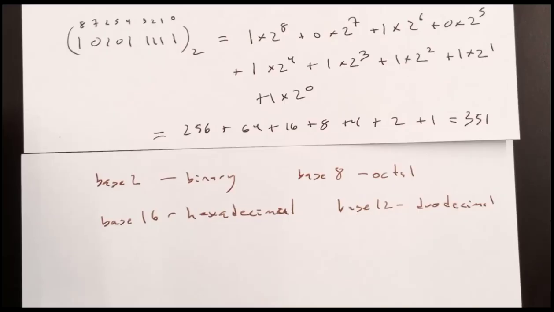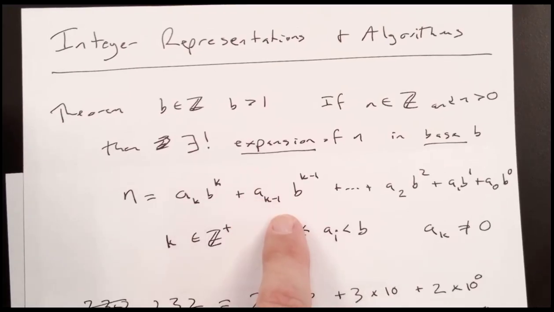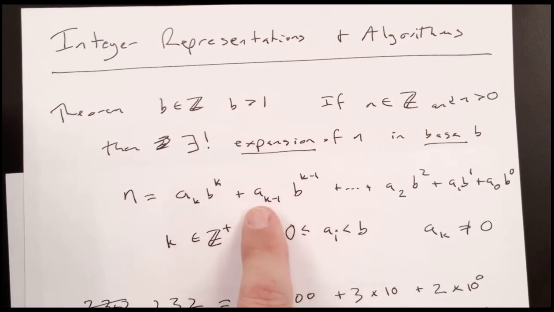It's really weird, though, because when I think of the numbers I'm going to write in base 12 or in base 16, I have a problem. My symbols, my digits, right?